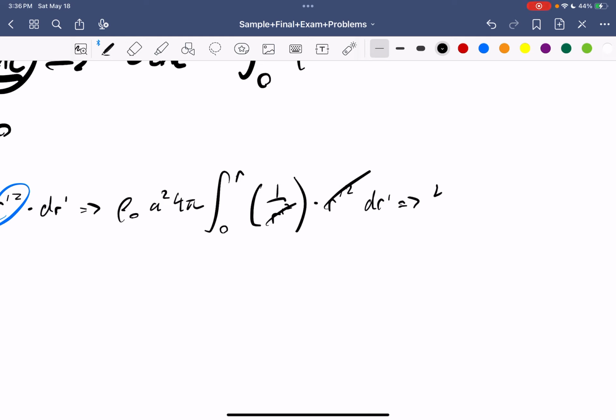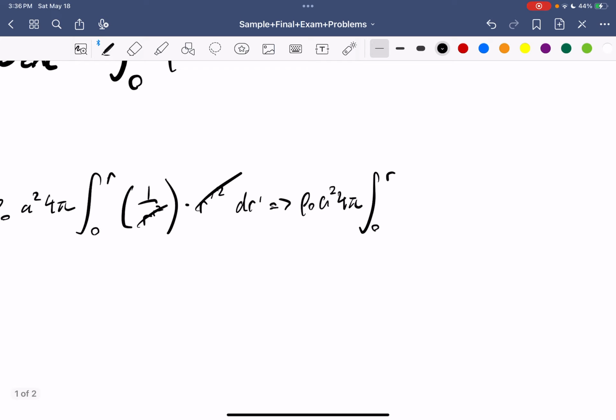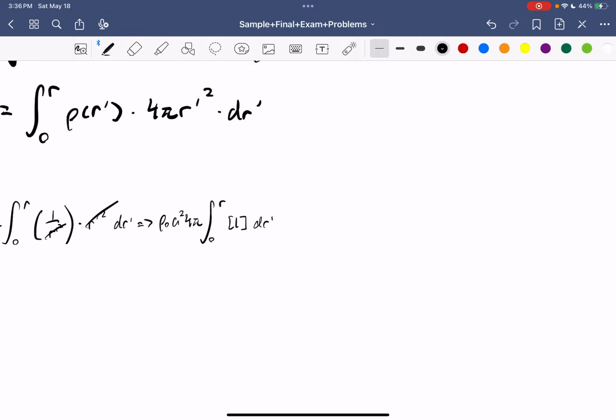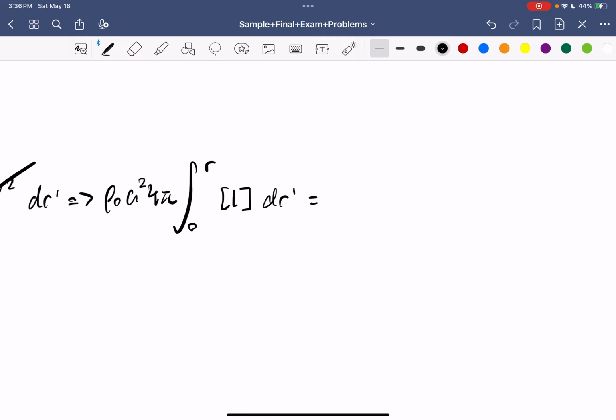And now we're left with rho naught a squared 4 pi times the integral from 0 to radius r of 1 dr prime. Now what we can do from that is simply integrate.